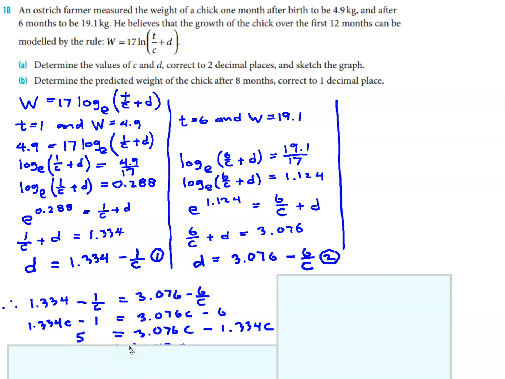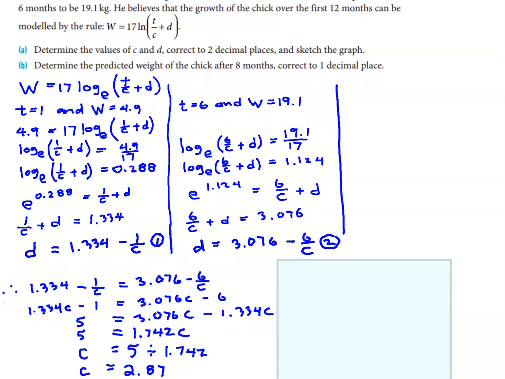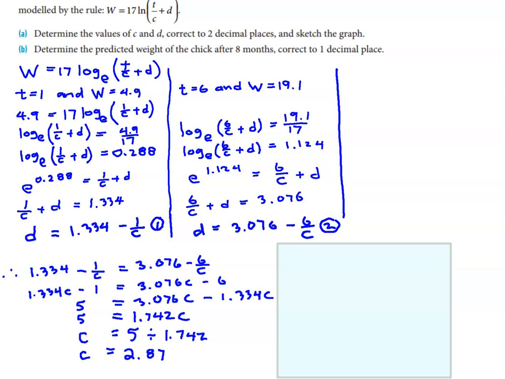I've got the two c terms on that side, that one minus that one, and on this side I brought the 6 over, making it plus 6 minus 1, which is 5. Subtract the two c terms, which gives us that, and that gives us the value for c.